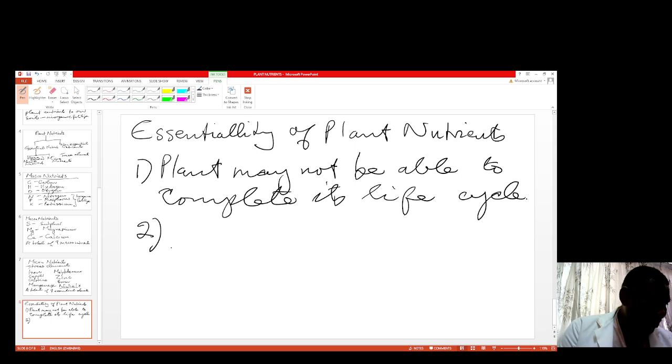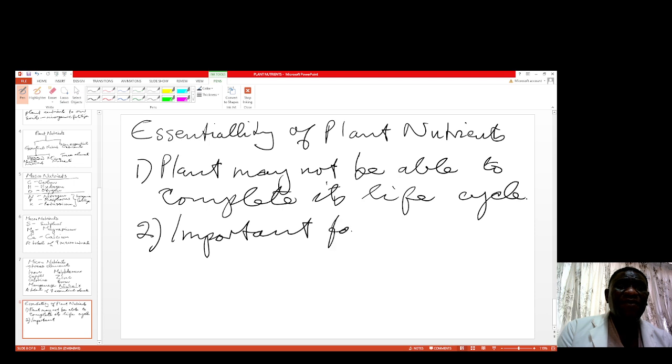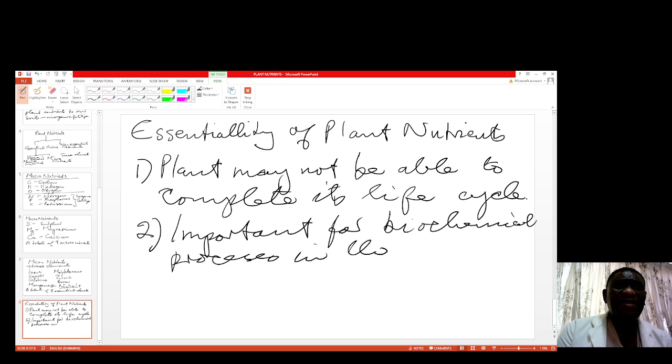Then number two, this element is very important for probably biochemical processes in the plant. Check on this one. Probably you may need to correct me after reading some literature on plant nutrients.